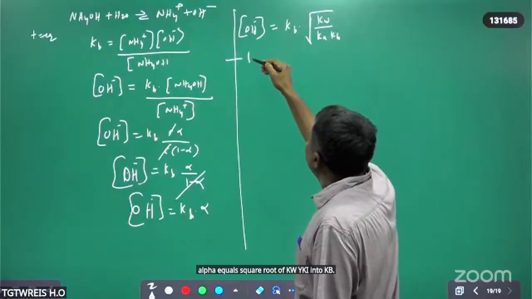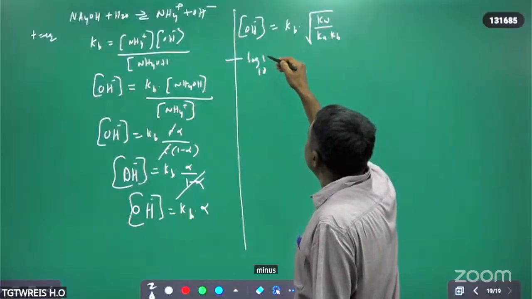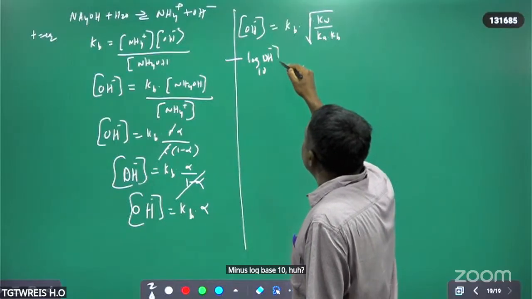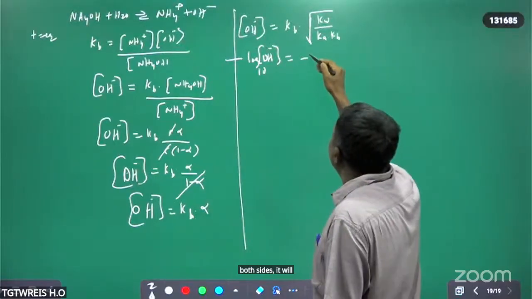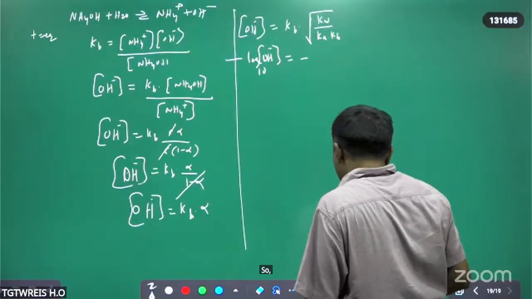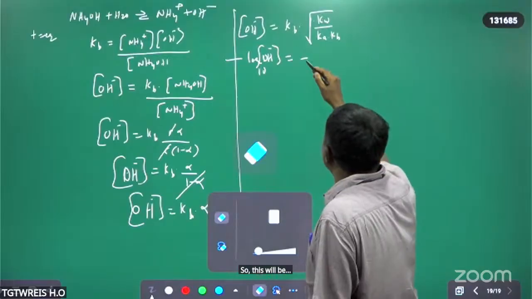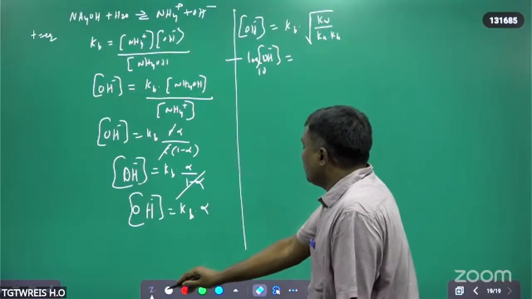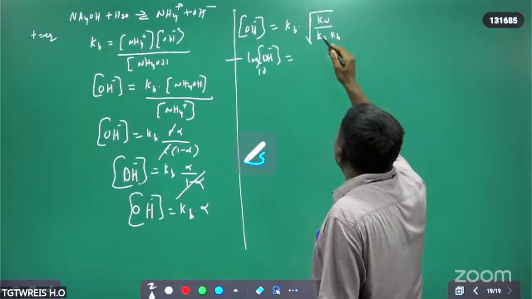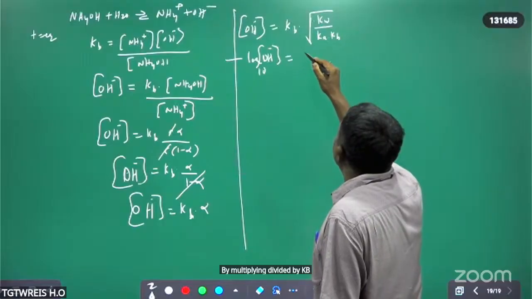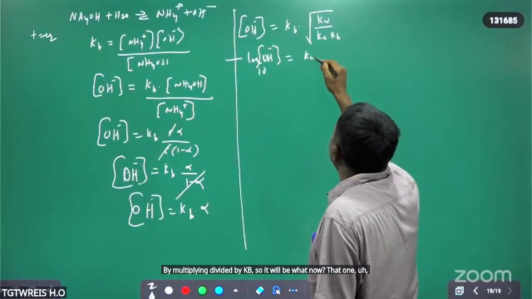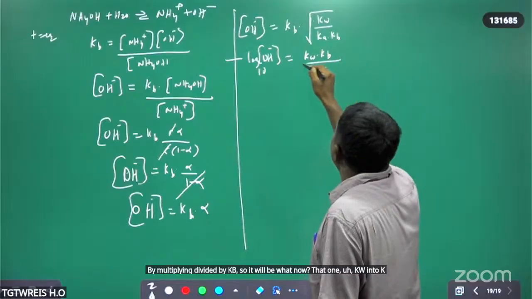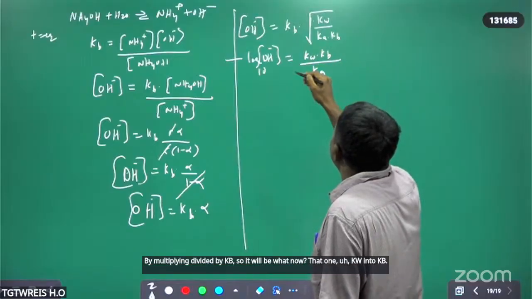By applying negative log, minus log base 10, both sides, it will be minus. So this will be, by multiplying, divided by Kb. So it will be what now? That one, Kw into Kb by Ka.